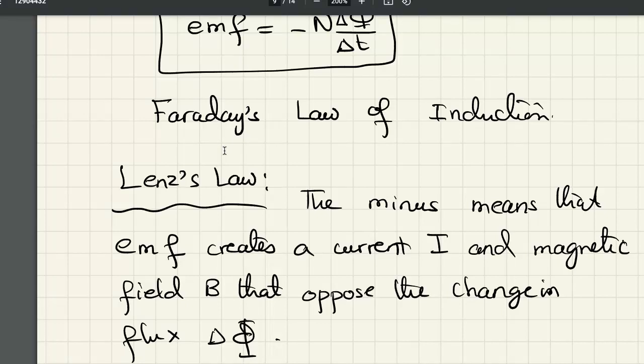If the flux is increasing, then B original and B induced are going to be in opposite directions. Nature doesn't like things to increase without a boundary. If the flux is trying to increase, there is something that is going to say stop, and make it slow down.